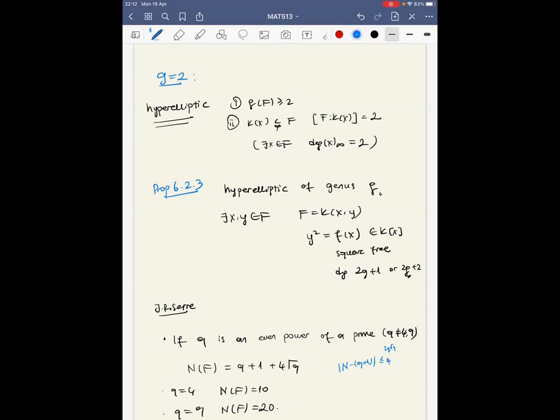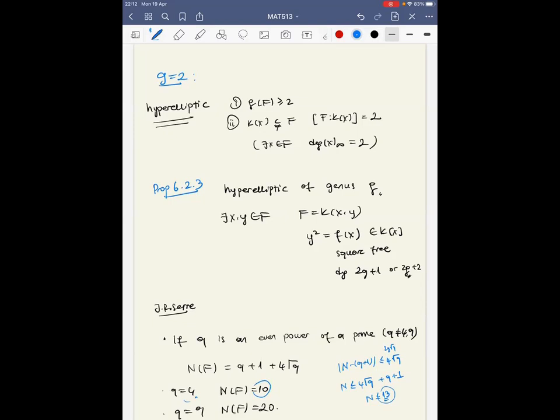Indeed, since the genus is 2, the maximum number of rational places is going to be 4 square root of q plus q plus 1. So when we plug in q equal to 4, in this case n is 10, so we are not going to attain the upper bound of the Serre bound.